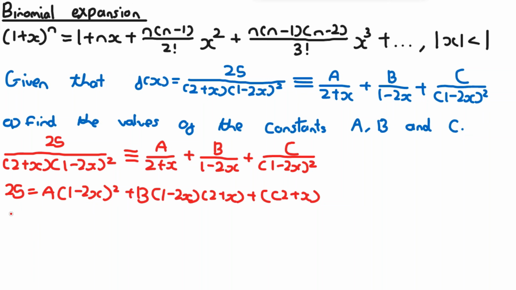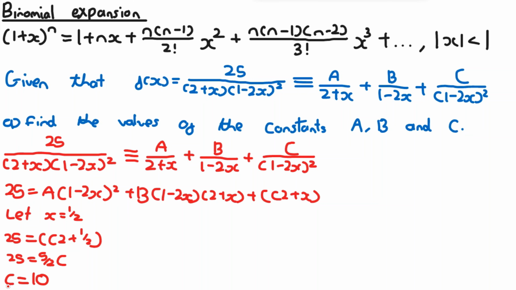Okay, firstly, let's say that x is equal to a half, so therefore these brackets cancel out and become 0, so it's just going to be 25 is equal to C of 2 plus a half, so 25 is equal to 5 over 2 C, so therefore C is going to be equal to 10.